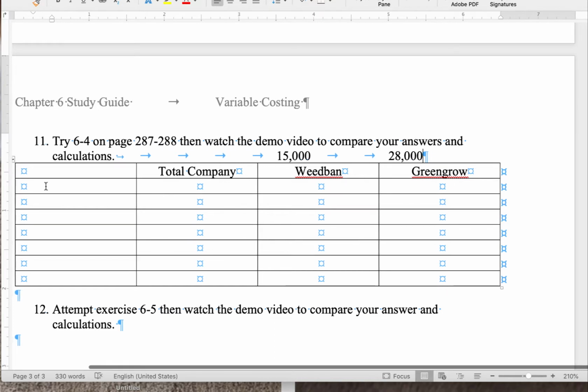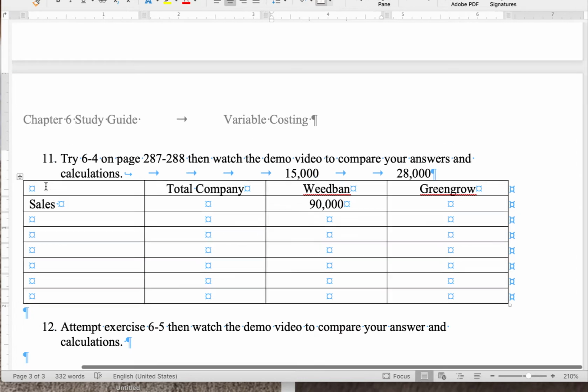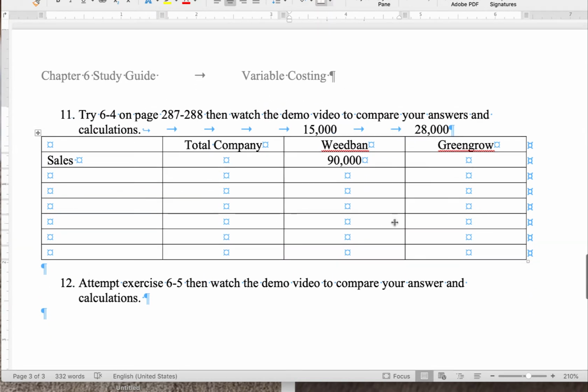So the first thing I'm going to do is figure out what my sales are. Well, for Weed Ban, if I'm going to sell 15,000 units, I need to multiply that by the selling price per unit of Weed Ban, which is $6. I get 90 grand. I'm going to do the same thing with Green Grow.